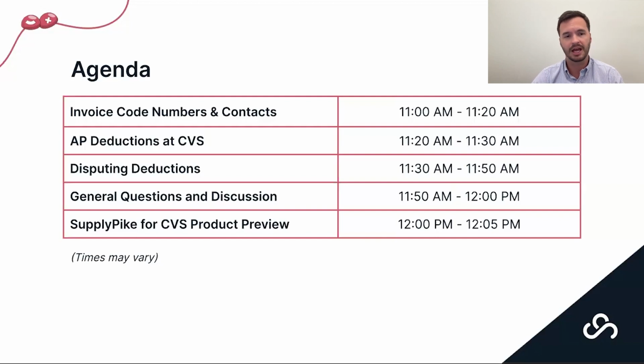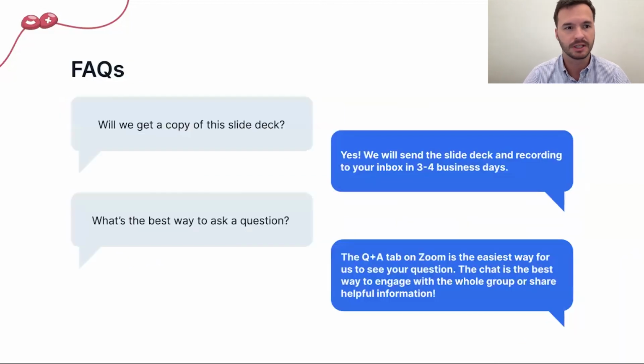Then we're going to be looking at AP deductions specifically, or warehouse payables, as we call them at CVS, and disputing those before moving into a Q&A section if there's any questions at the end, and then the SupplyPike CVS product preview, which I've already mentioned. That's what our next hour is looking like.